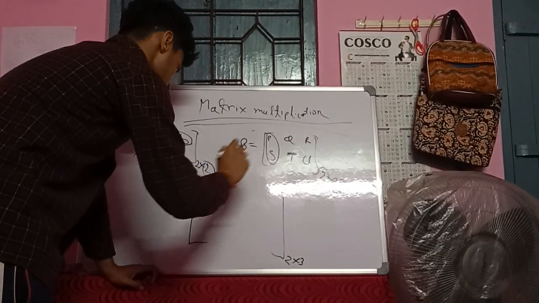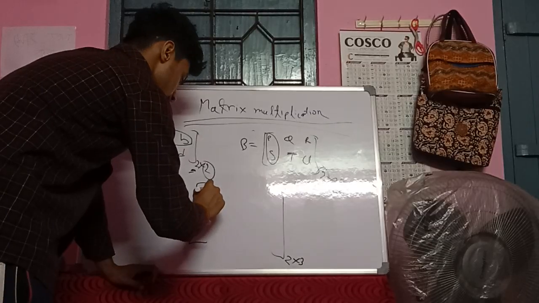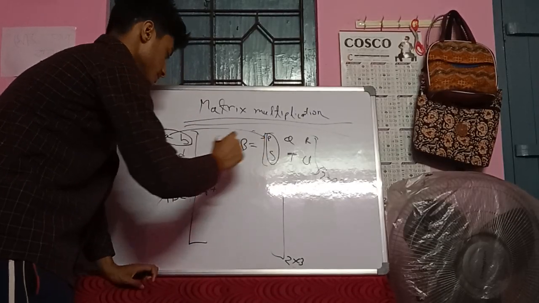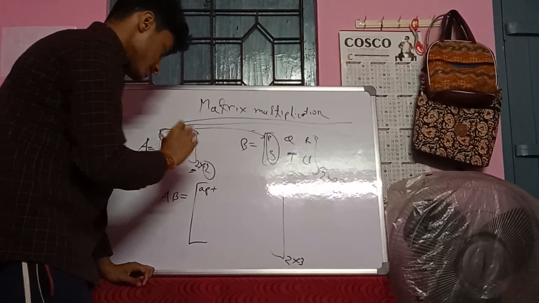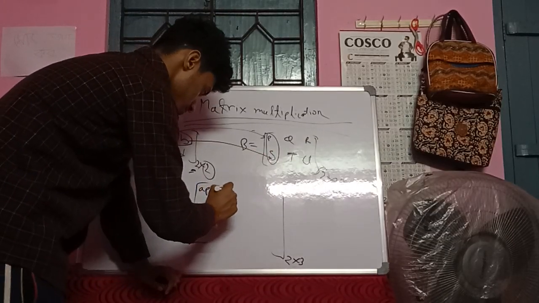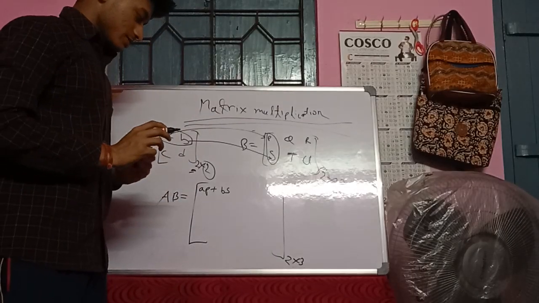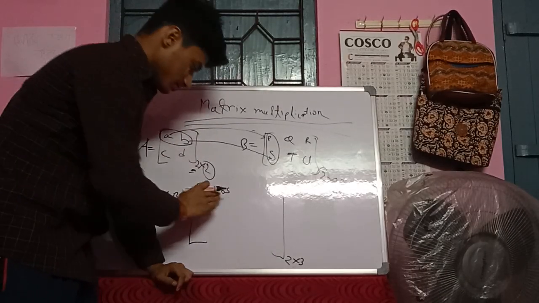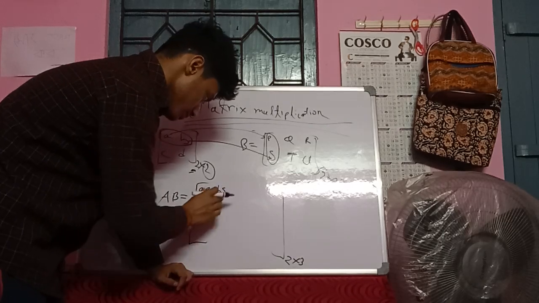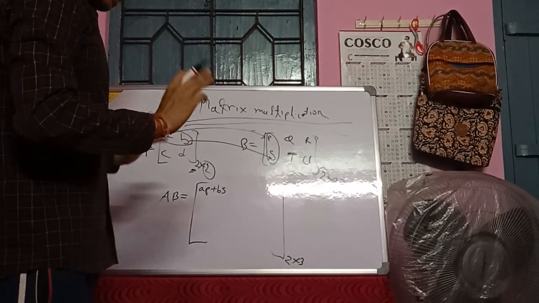The first element would be A times P plus B times S. A times P plus B times S. Let me count those.